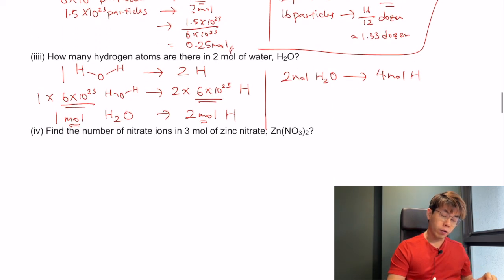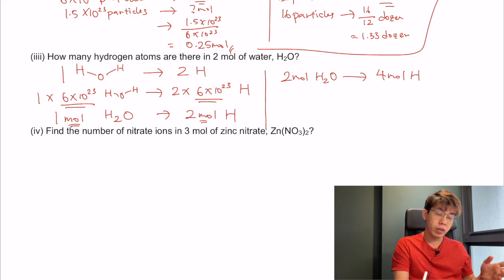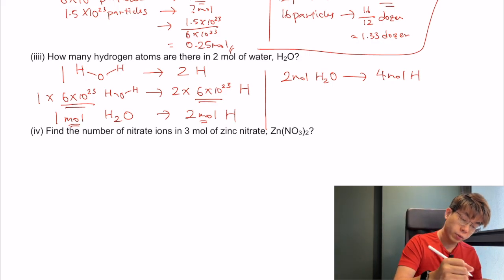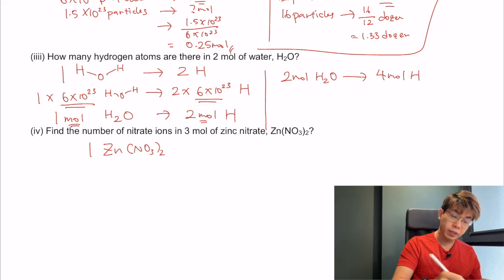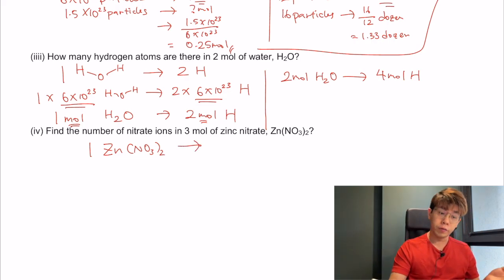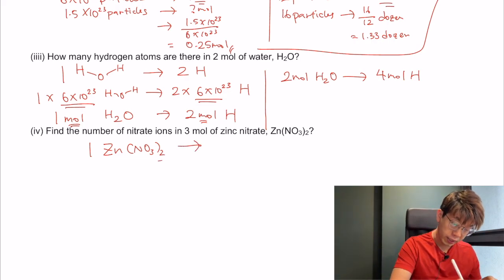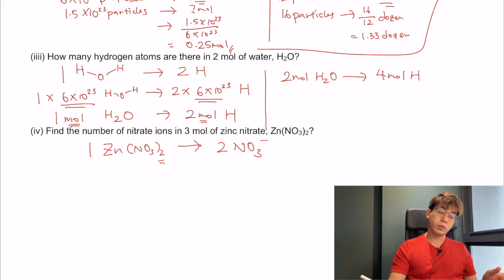The number of moles of nitrate ions in 3 moles of zinc nitrate. So 1 zinc nitrate would have how many moles of nitrate ions? We see there's a 2 here, so 1 zinc nitrate has 2 nitrate ions.